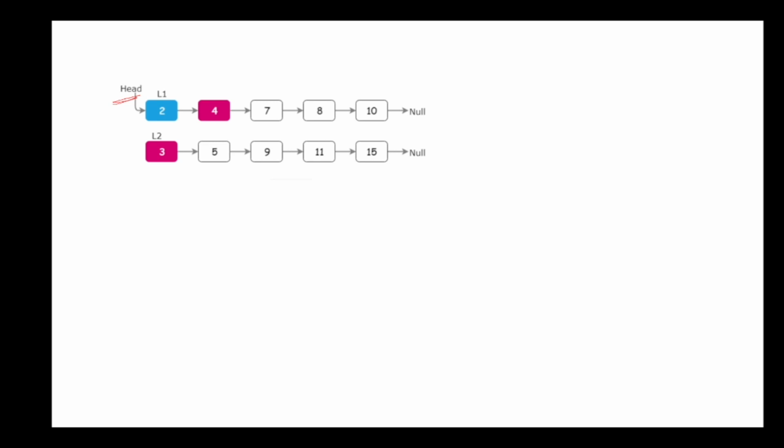So at every point of time, L1's next is compared with L2. Okay, so this is the second assumption. L1 always points to the newly added node of the merged list. It's blue, and you need to compare L1's next with L2. So there are two scenarios when you compare.